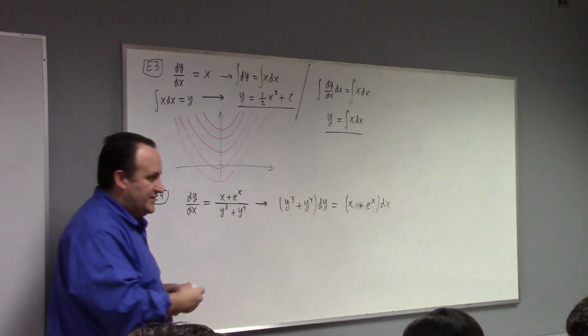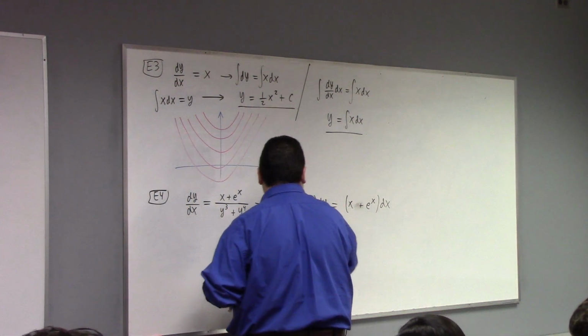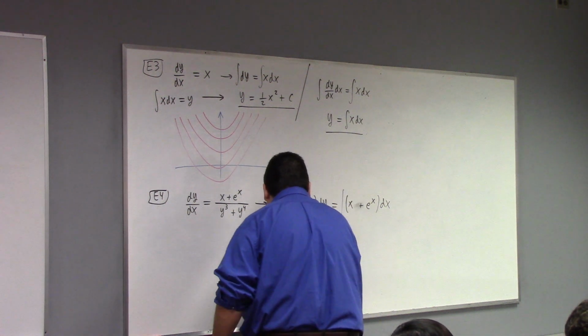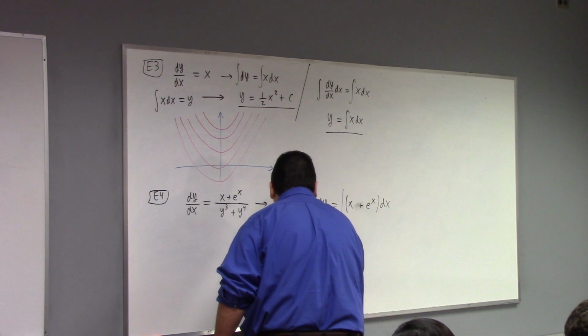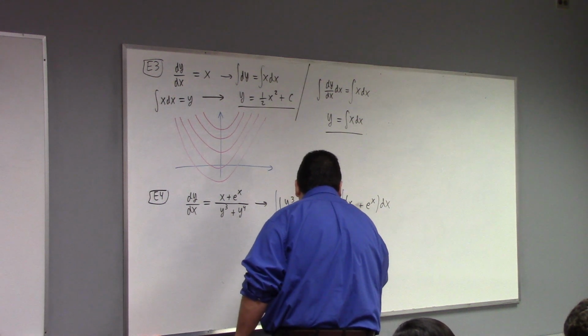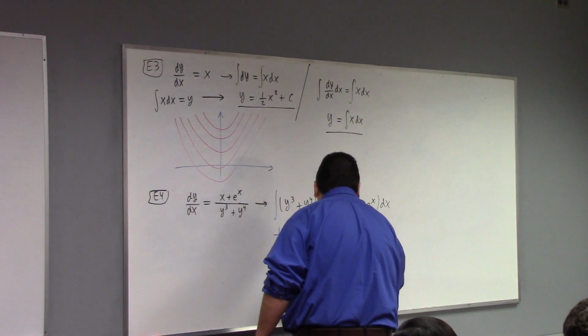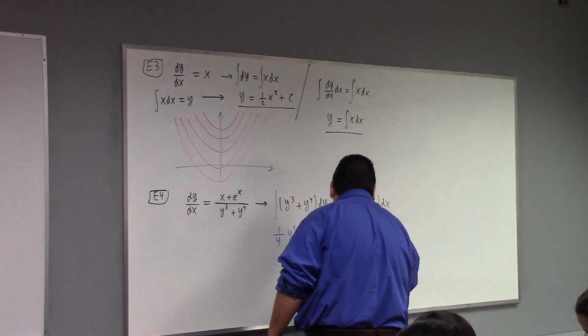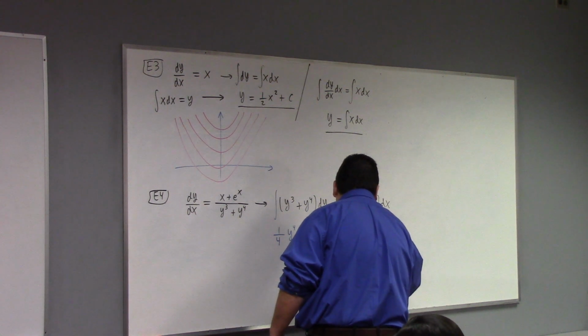So then we integrate both sides, what happens? I get 1/4 y to the 4th plus 1/5 y to the 5th equals 1/2 x squared plus e to the x plus a constant.